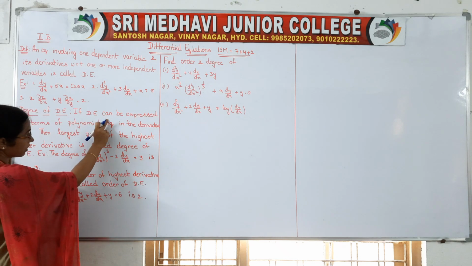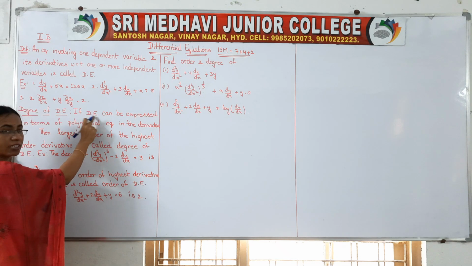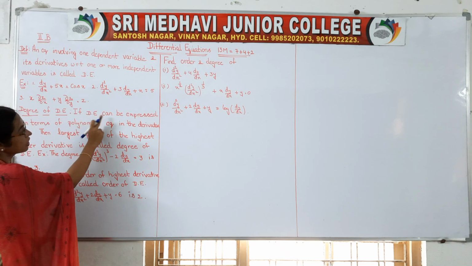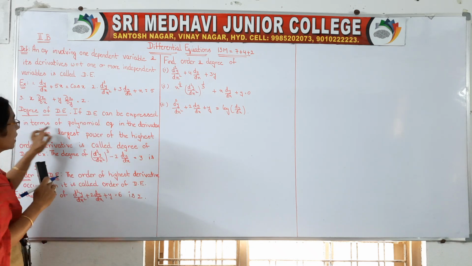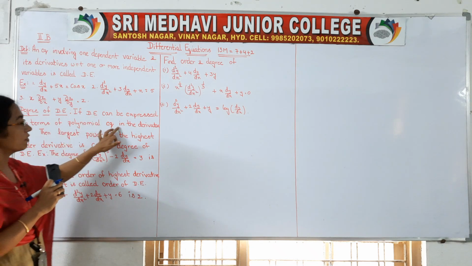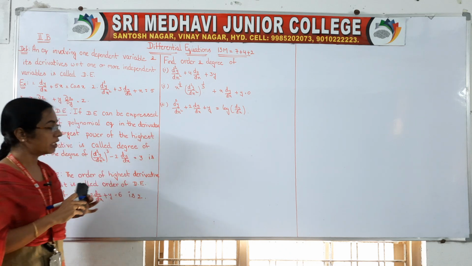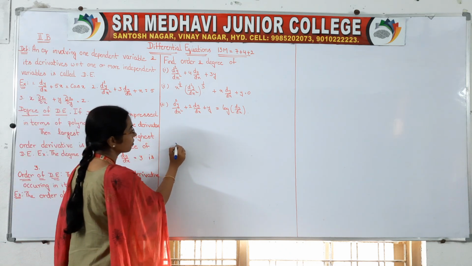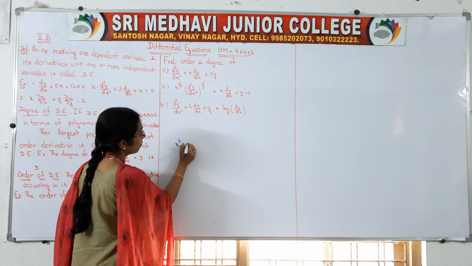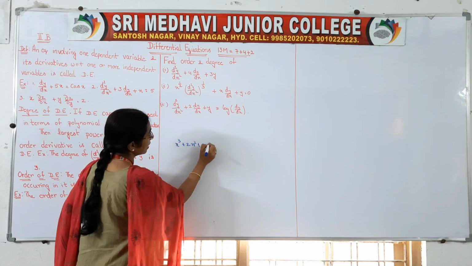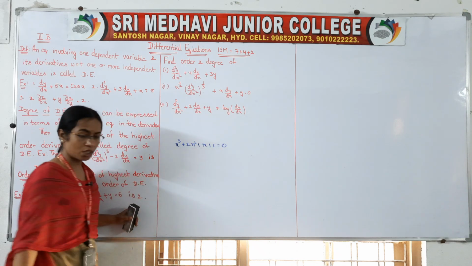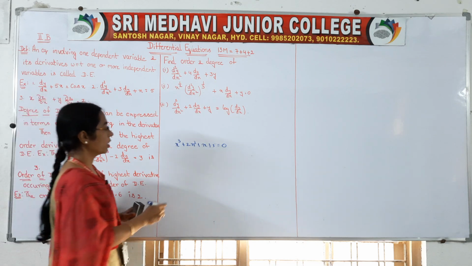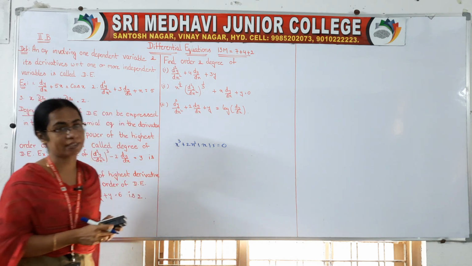Differential equation, in short form, we can write like this: D.E. If a differential equation can be expressed as a polynomial equation in derivatives, generally a polynomial equation means we write like this: x cube plus 2x square plus x plus 5 is equal to 0 is called a polynomial equation in terms of x.